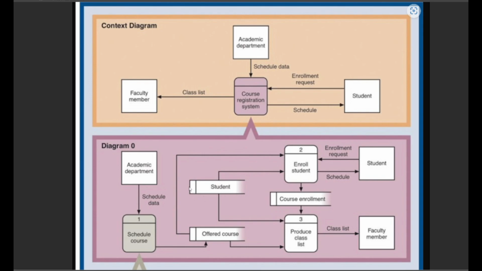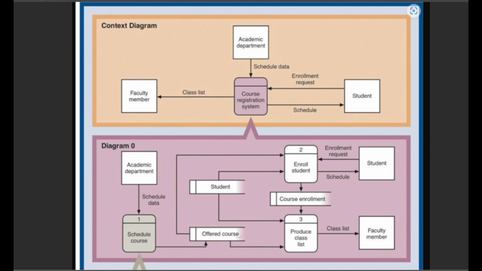You can see that the student database here is not accepting inputs from other entities. Maybe we can add this to another system like an enrollment system, or an advisement system, and it will give the list of names for enrolling students, and then produce the class list itself.